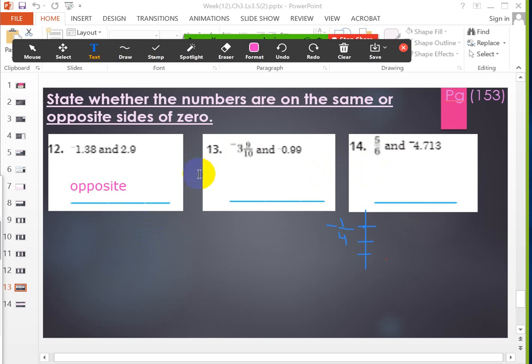Now number 13, negative 3 and 9 over 10 and negative 0.99. Let's see another, girls. Yes, Yusra, open your mic and tell me whether those numbers are on opposite sides or on the same side, and why.